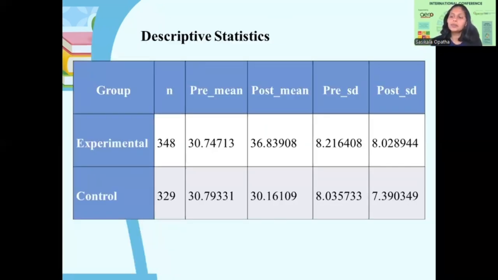And you can see here descriptive statistics of the study, experimental group with 348 students and control group with 329 students. It is obvious the mean for the experimental group has increased from 30.7 to 36.8, and for the control group the mean has slightly declined from 30.79 to 30.16.